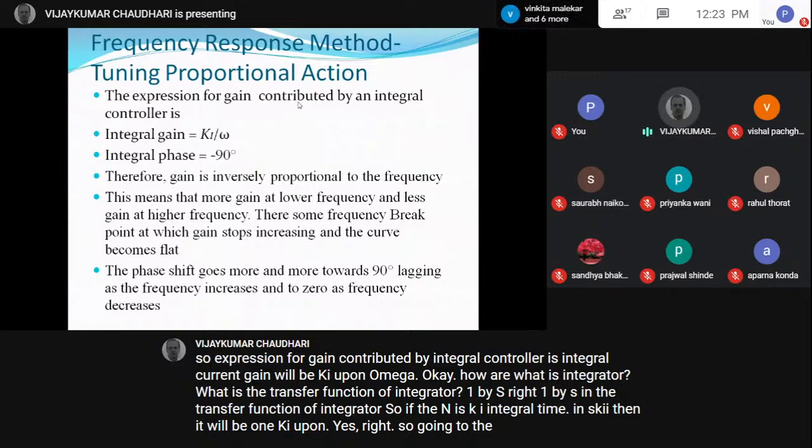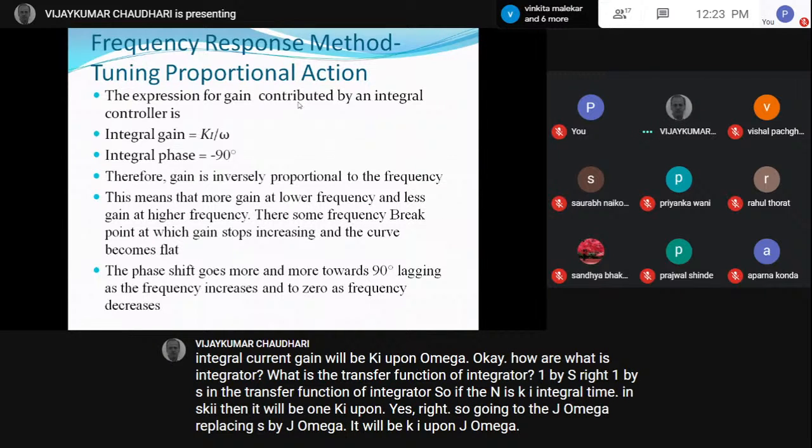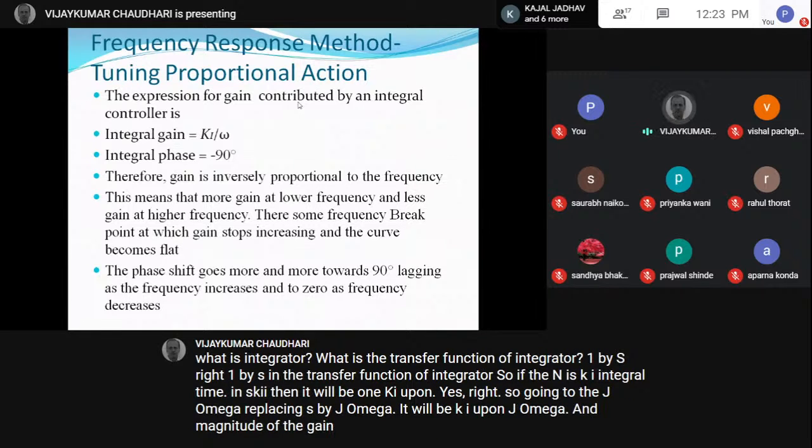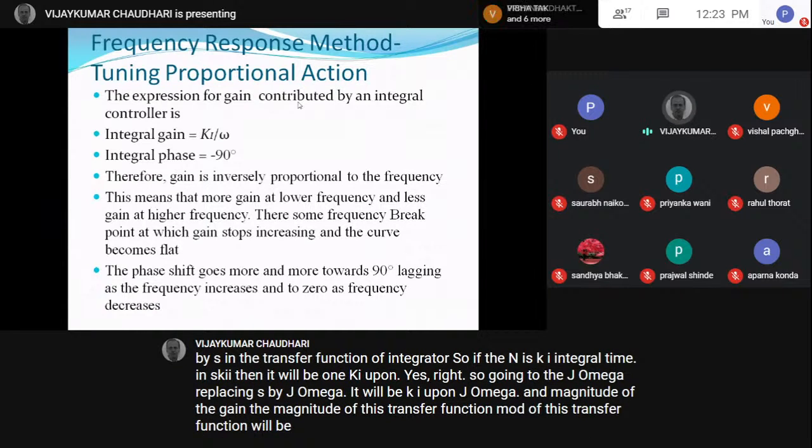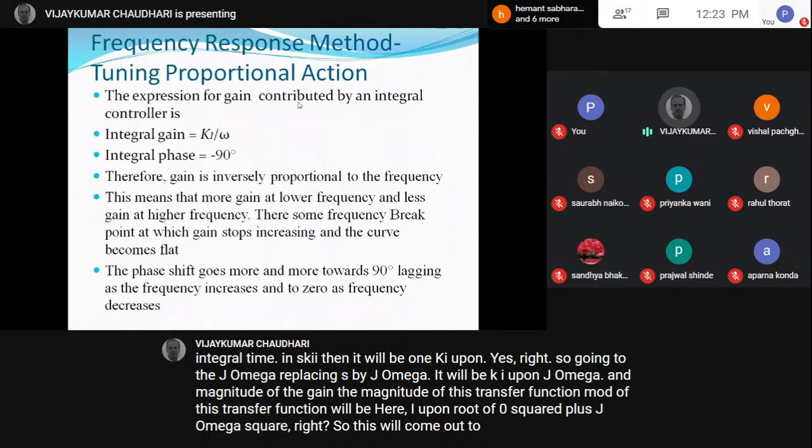Replacing s by j omega, it will be Ki upon j omega, and the magnitude of this transfer function will be Ki upon root of 0 square plus omega square. So this will come out to be Ki upon omega only.